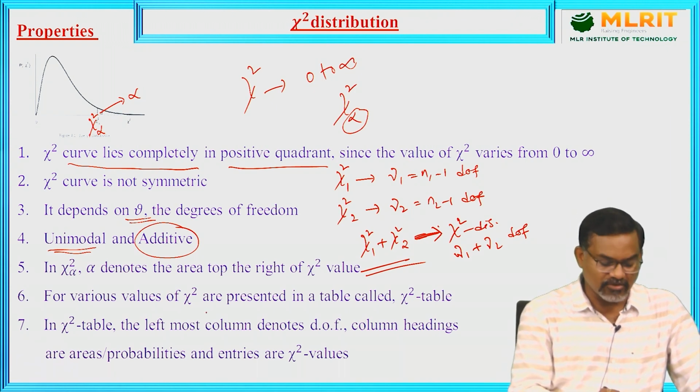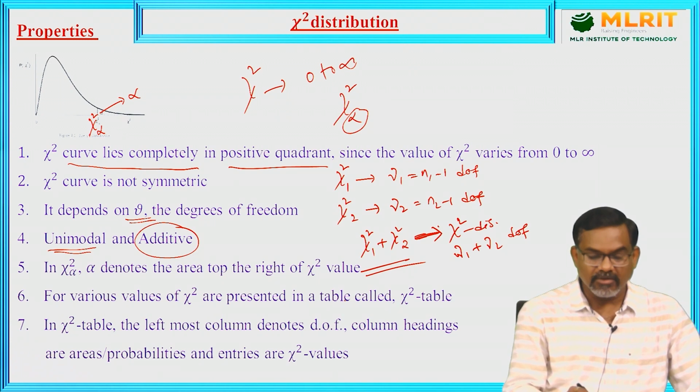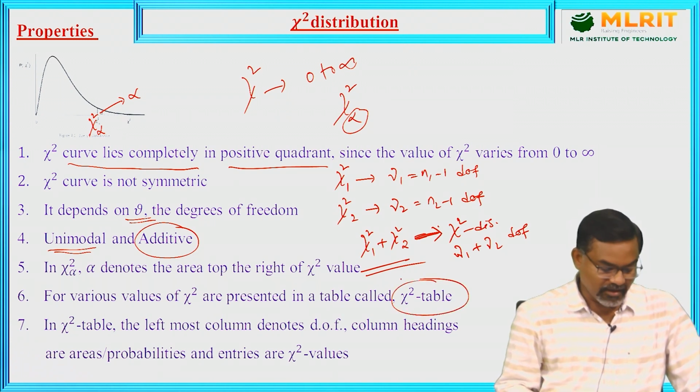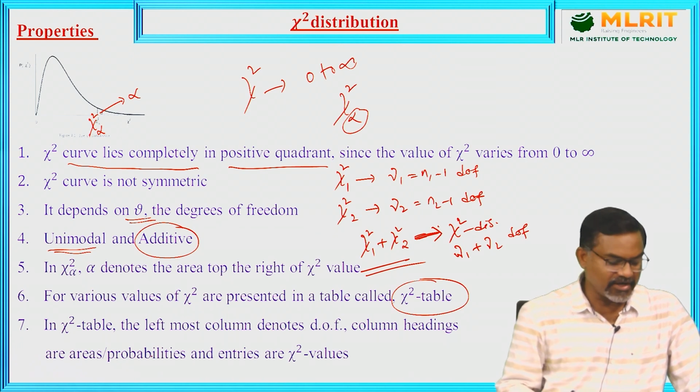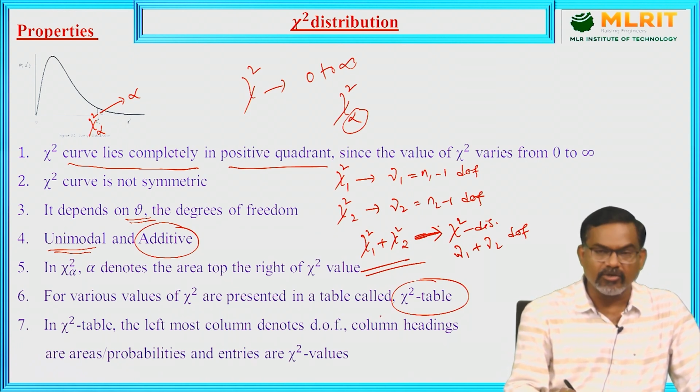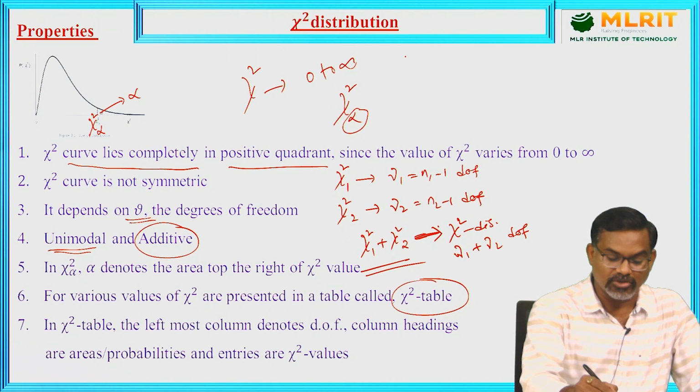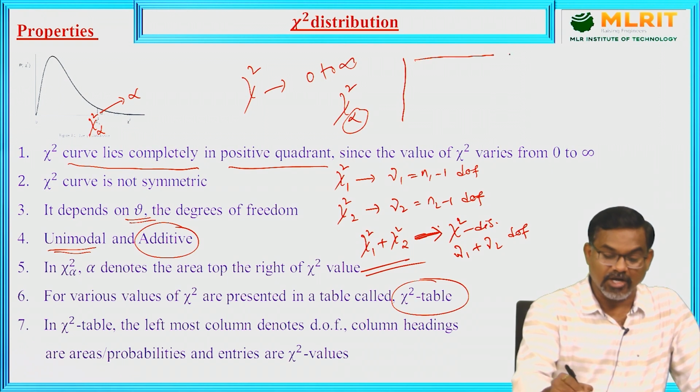For various values of chi-square, a table was constructed, which is called the chi-square table. In the chi-square table, the leftmost column denotes the degrees of freedom, and the top row gives the areas or probability alpha.